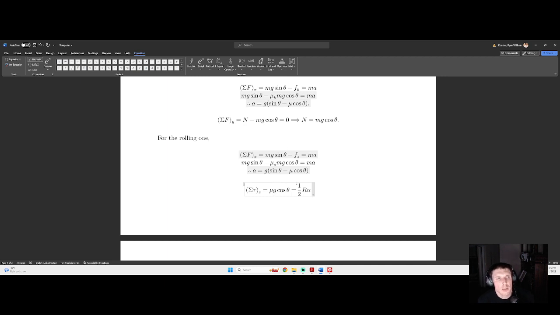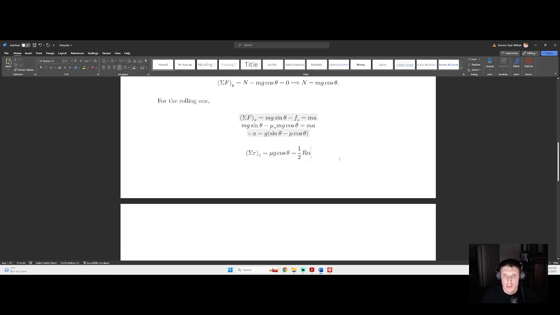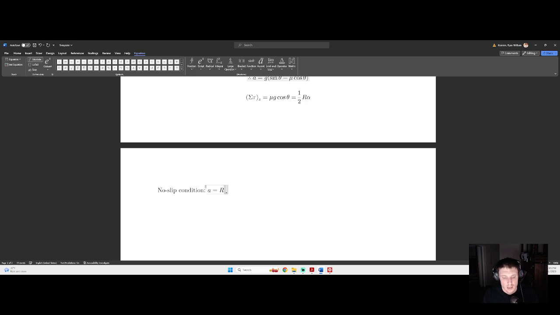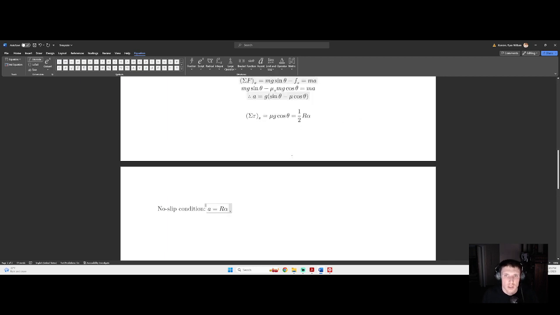Now, we need to remember that, let me write this out, because I'll probably confuse myself and you if I just talk about it. The no slip condition is that A equals R alpha, right? So what we actually have here is that this is A, right?